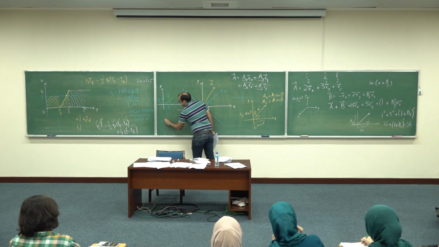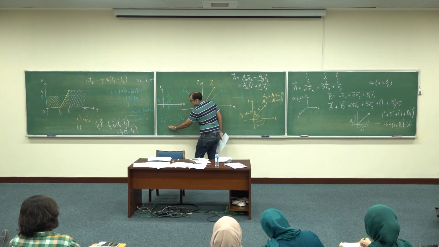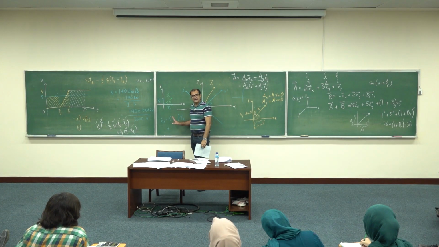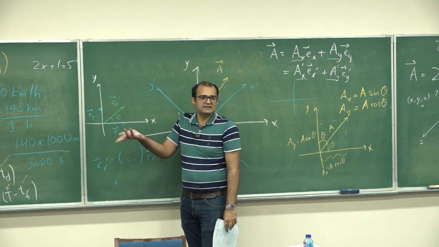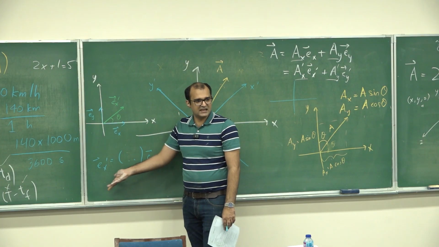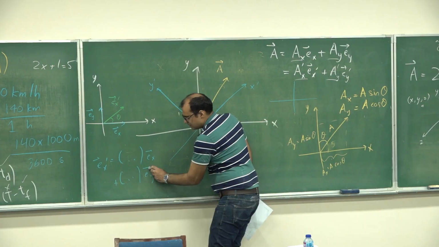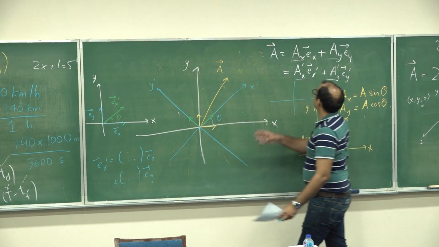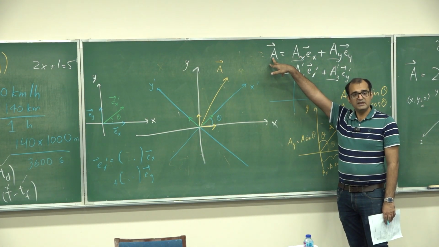So Ex prime equals some number times Ex plus some number times Ey, because I know that every vector can be expressed as a sum over Ex and Ey multiplied by some number. Ex prime is nothing other than a special vector, so I should be able to write it as a sum involving Ex and Ey. This is just a particular example of what you did here, except that the vector A is Ex prime.